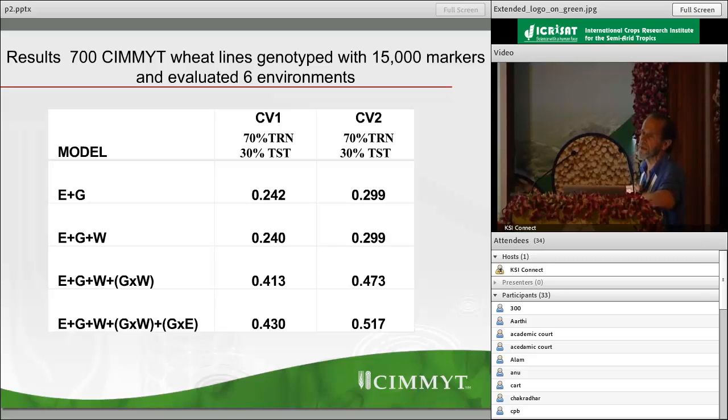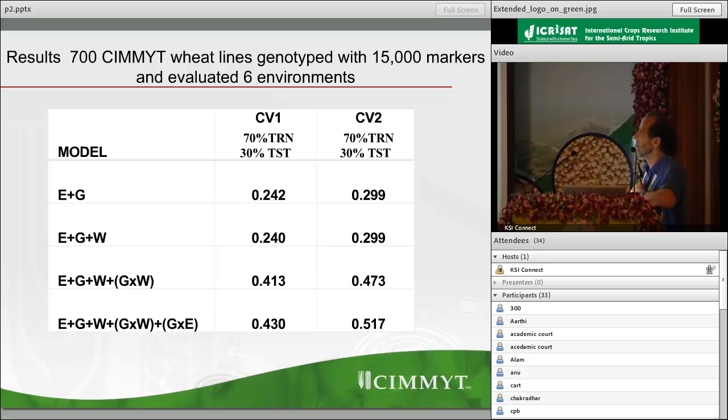And we have done this 50 times. And CV2 is when we use a sort of sparse testing, where we put some lines in some environments and other lines in another environment. So this is a less difficult prediction than CV1. In CV1, you predict something that you haven't seen in any of the environments.